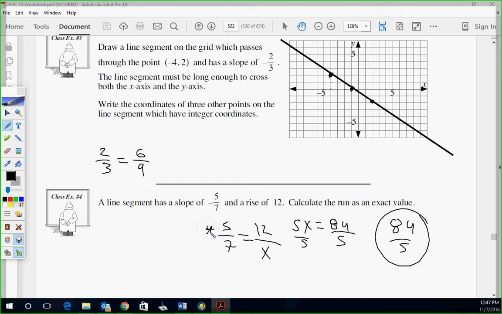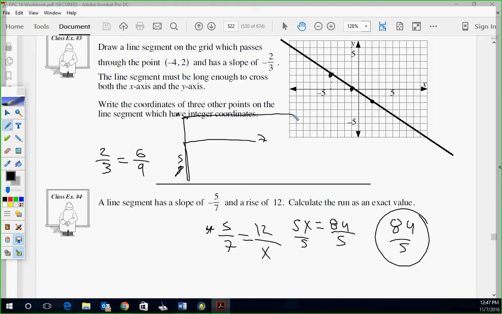I said, don't worry about the negative for right now. If I go up 12, how far do I have to go to make sure I stay in line with my line? Not 14. It's going to be 84 over 5.